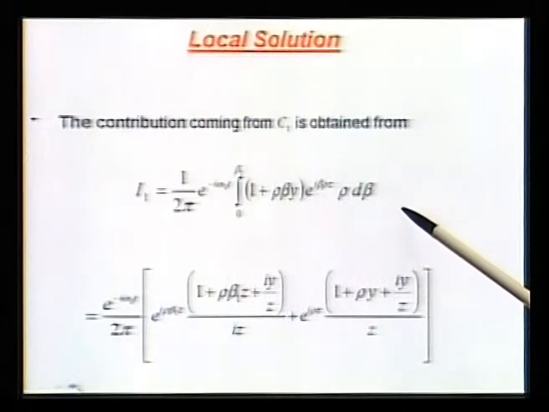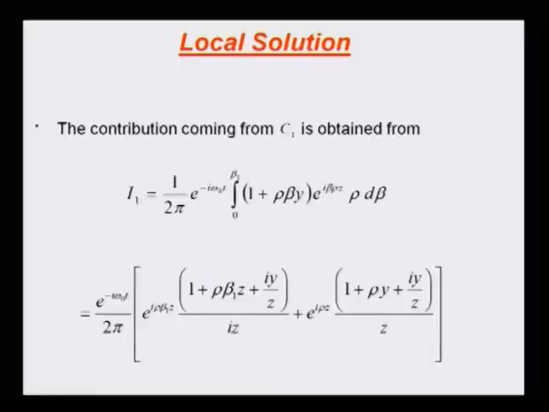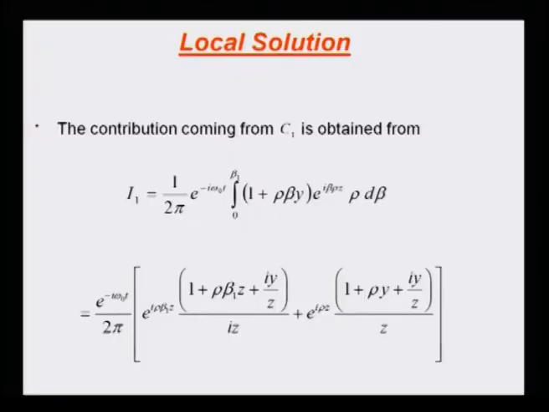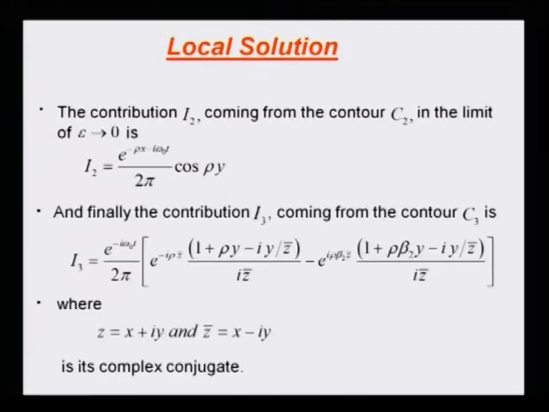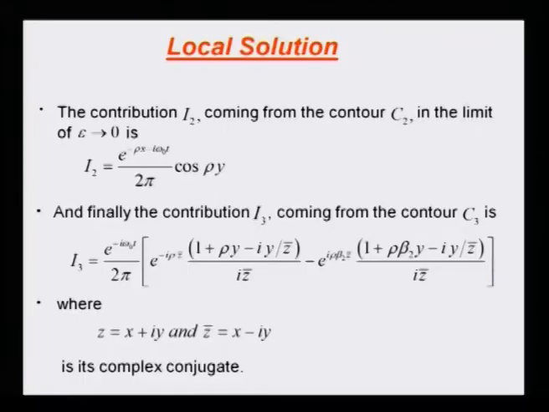D alpha is nothing but rho times d beta. And then you perform it. It works out like these two expressions with this complex variable z, that is equal to x plus iy. That's your I1.